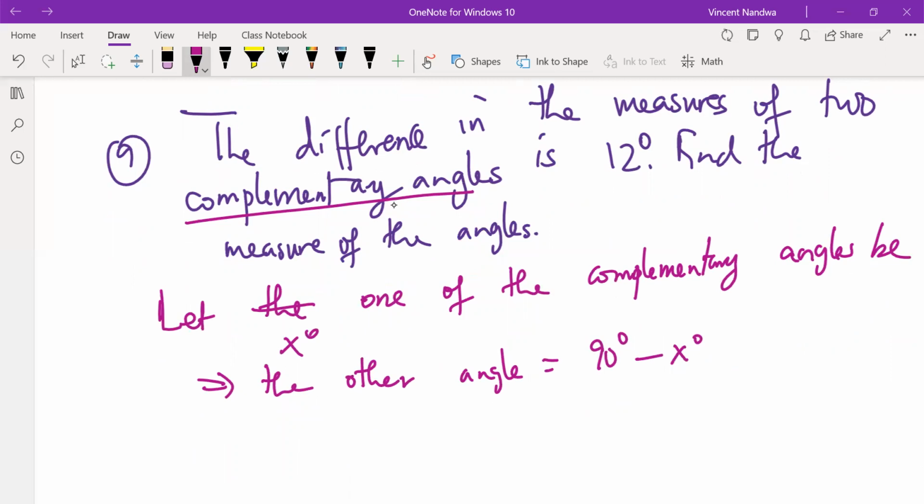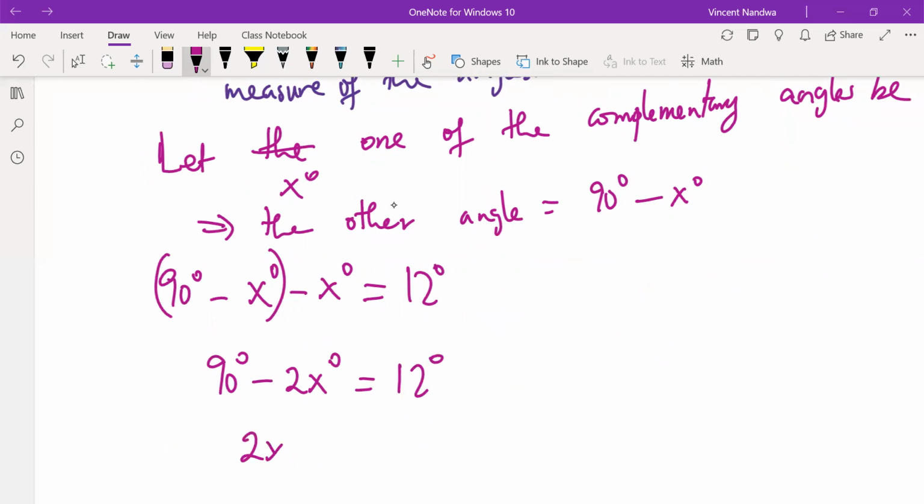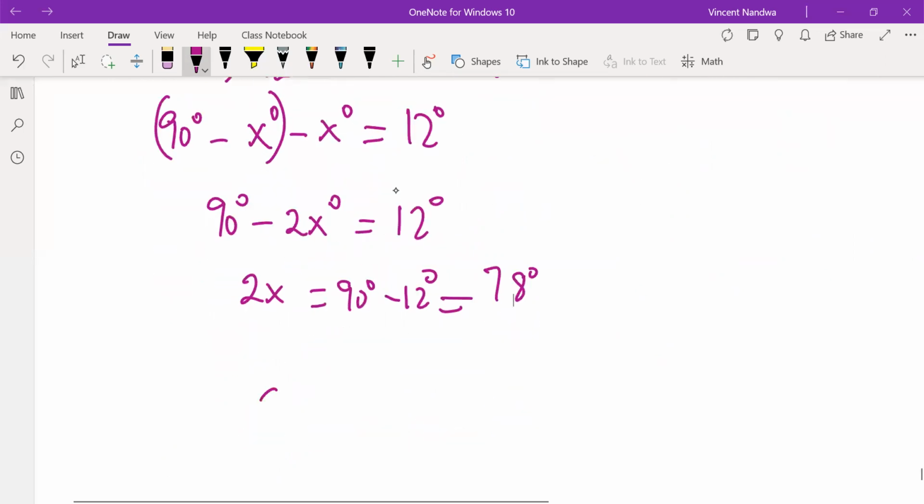So when we get the difference, x degrees minus 90 degrees minus x degrees, the answer must always be 12 degrees. So which will be 2x minus 90 degrees equals 12 degrees. So 2x equals 90 plus 12, which gives us 102. So x equals 102 over 2, which is 51 degrees.